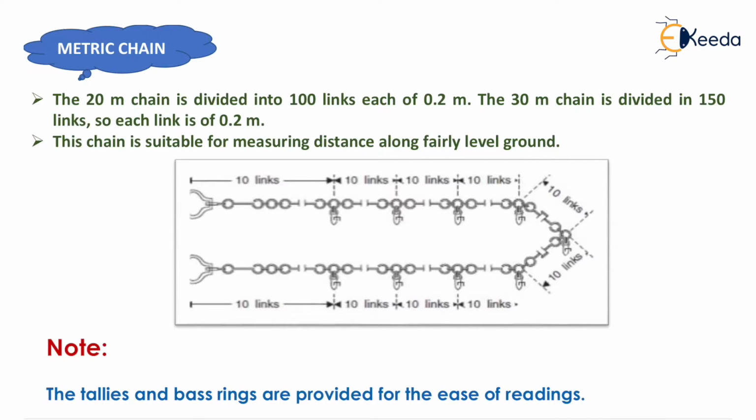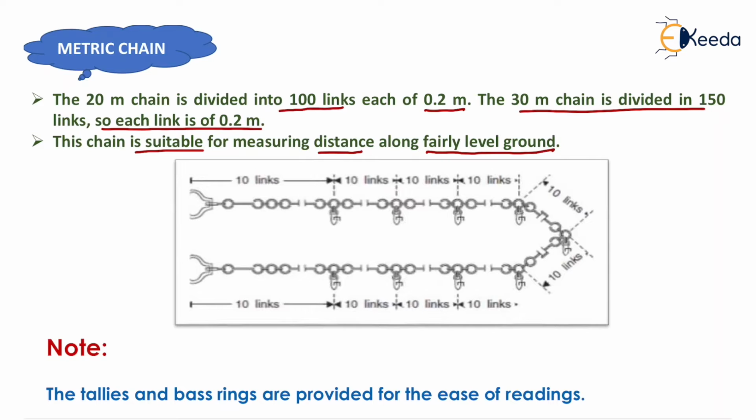Now the 20 meter metric chain is divided into 100 links, so each link length is 0.2 meter. Similarly, the 30 meter chain is also divided in 150 links, so each link is of 0.2 meter length. Now chain is generally suitable for measuring distances along fairly level ground.